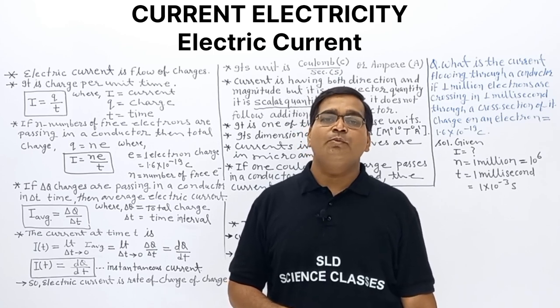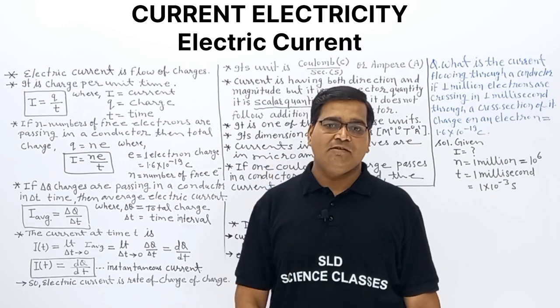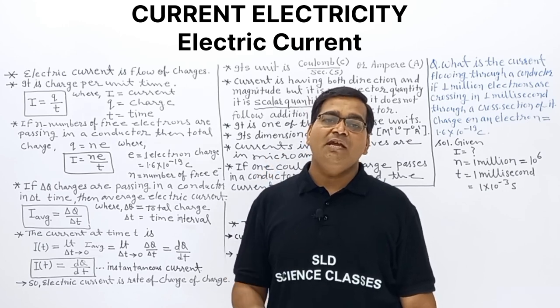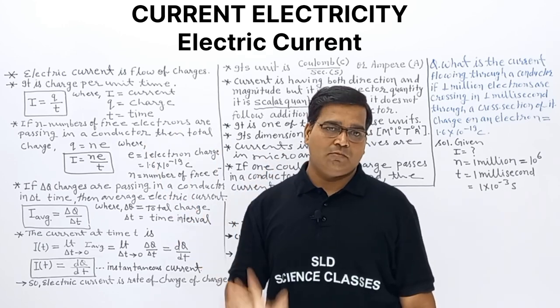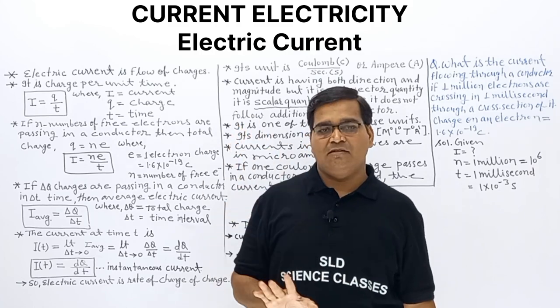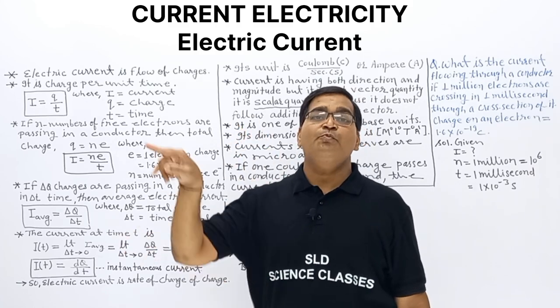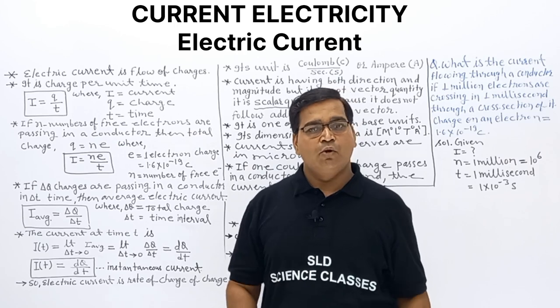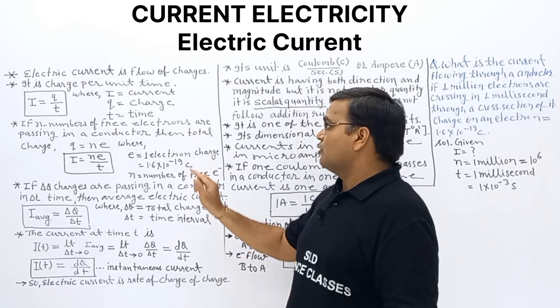A body is positively charged, it means it loses electrons. If electrons are gained, it means negatively charged; loses electrons means positively charged. Clear? Don't worry about these things.